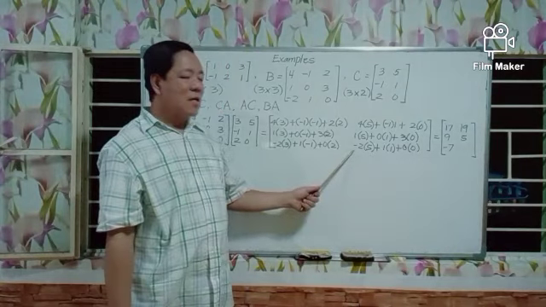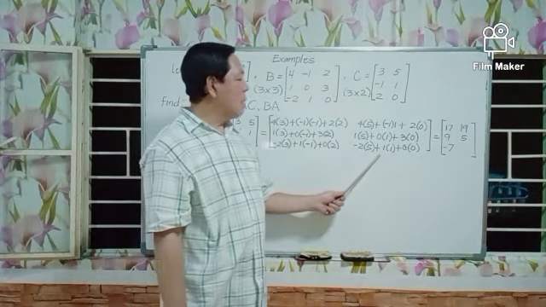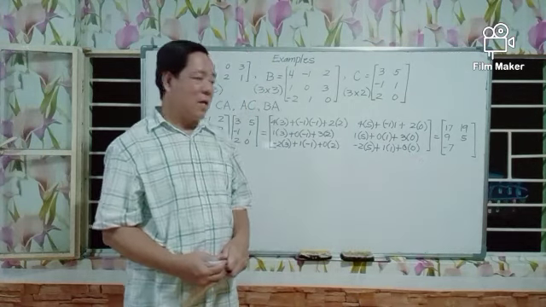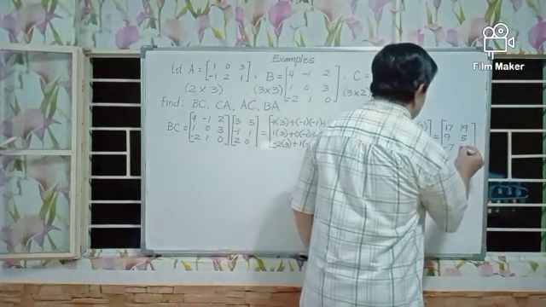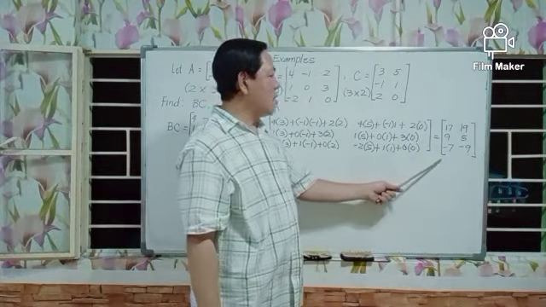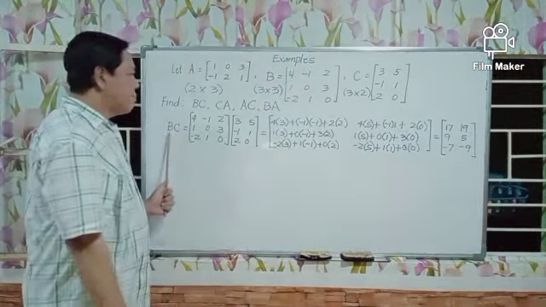Thus, the last entry is minus 10 plus 1 plus 0 is minus 9. And this is the product of the matrices B and C.